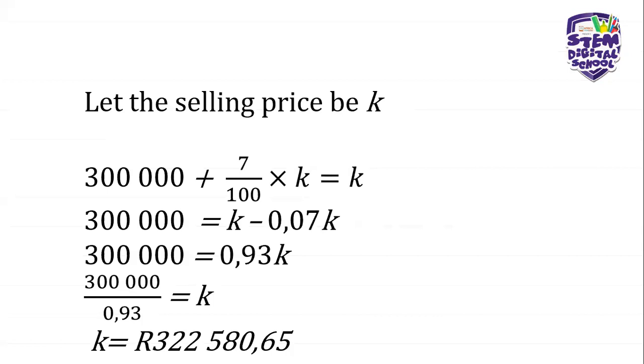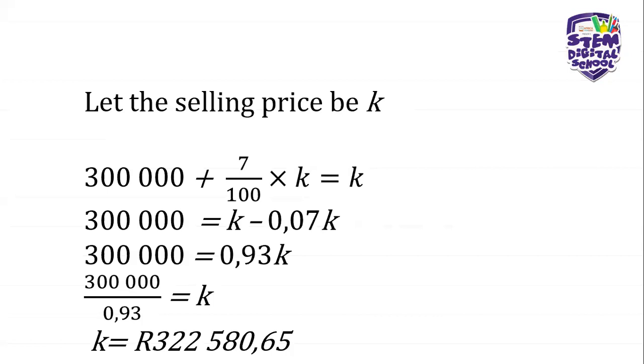Now, if you take this commission, which is not rounded off, if you take the estate agent's commission of 22,580 rands and 65 cents before rounding off and divide this by 300,000 and thereafter multiply everything by 100, you will be able to actually see that the 7% that we spoke about comes into play.